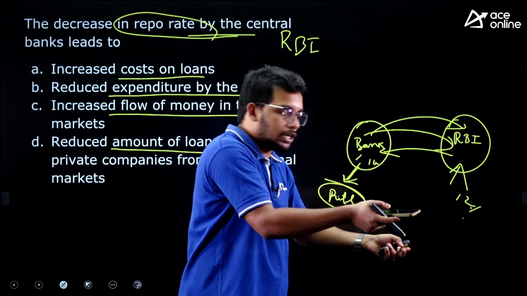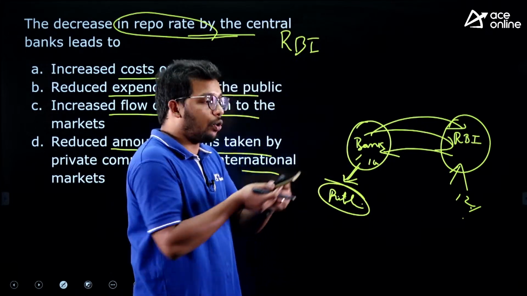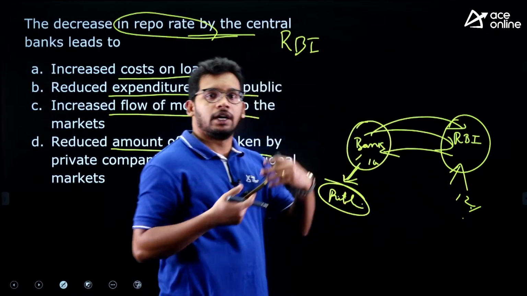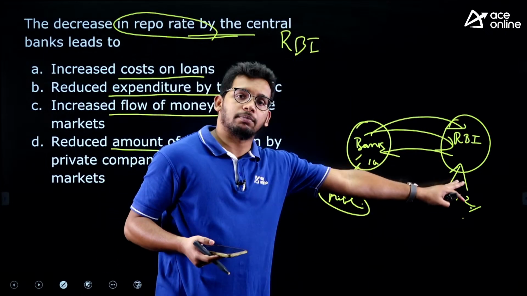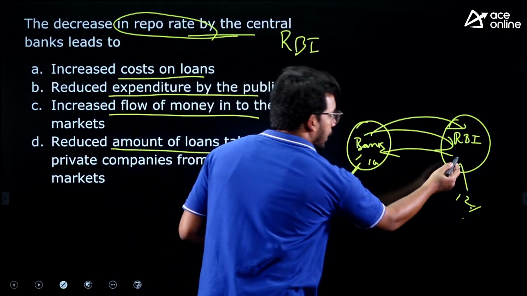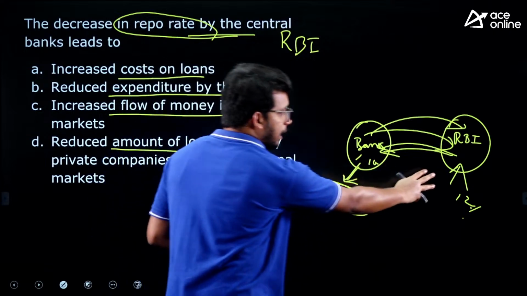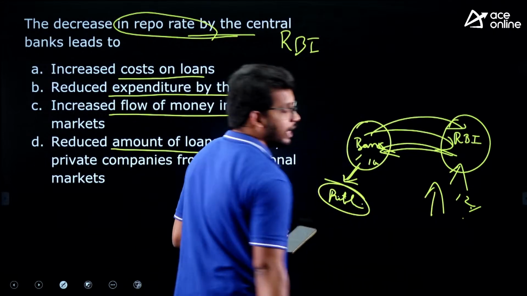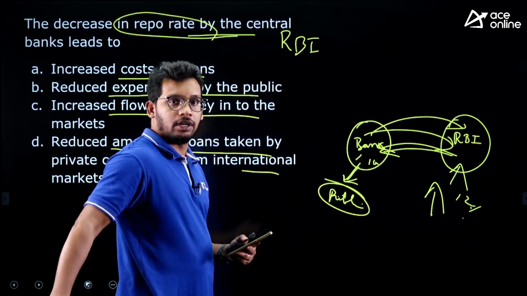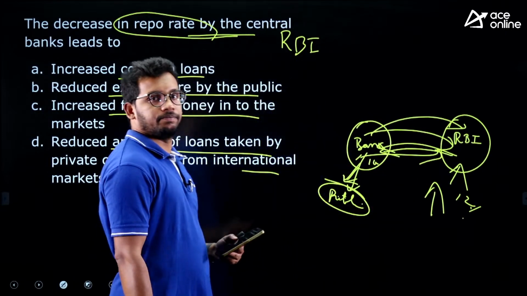After a 1 year maturity period, they will say you said you will give 10% interest, now take your bond and give me the 10% interest along with my 10 crore. So they will give 11 crore. So repo rate is the interest paid by the RBI to the banks. Now tell me, if the RBI increases the repo rate, the interest rate which it gives to the banks, will banks give money to the public or the RBI?